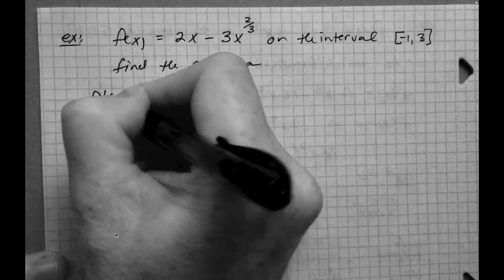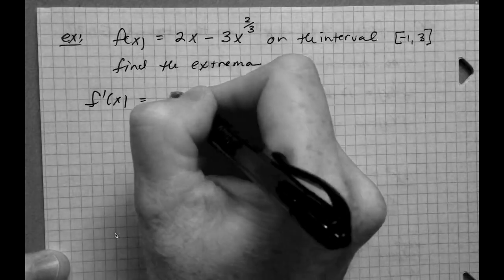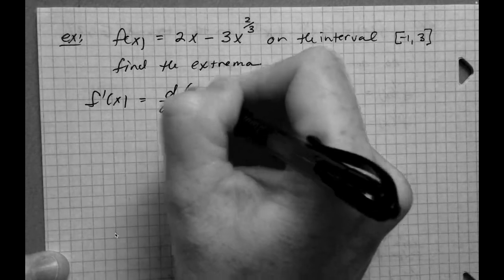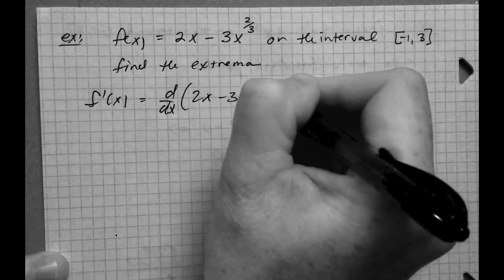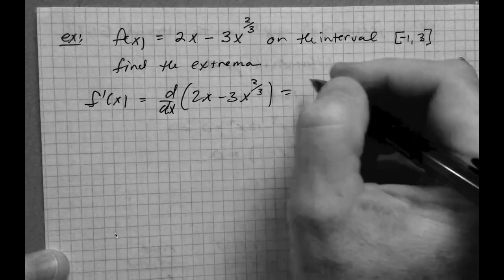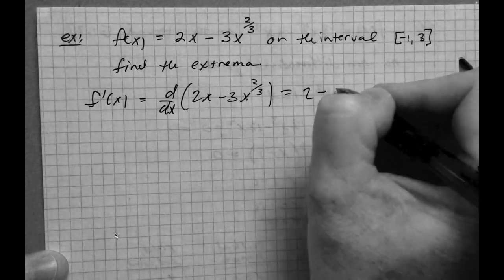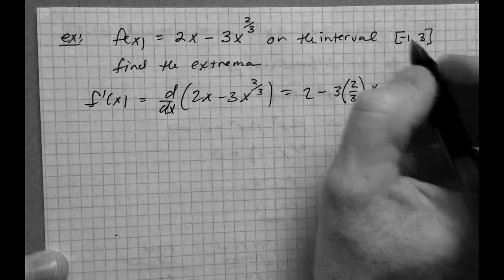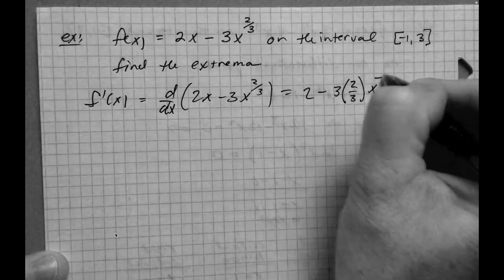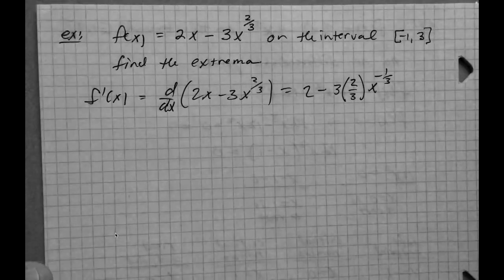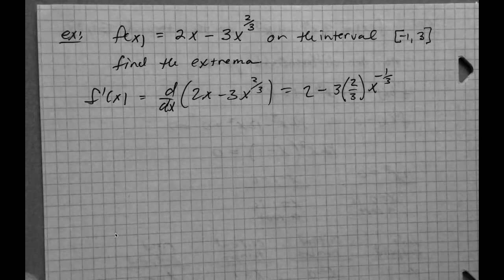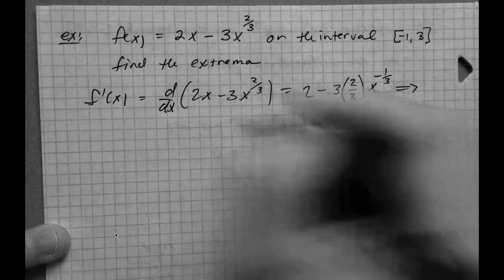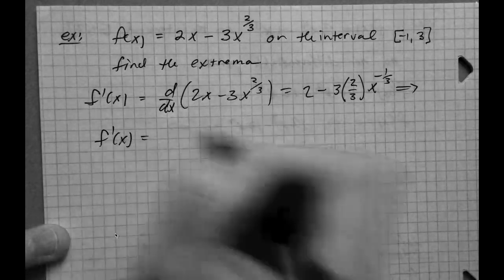So the derivative here is equal to d/dx of 2x minus 3x to the 2/3 power, which is 2 minus 3 times 2/3 times x to the -1/3, like so. And so we can clean this up a little bit.